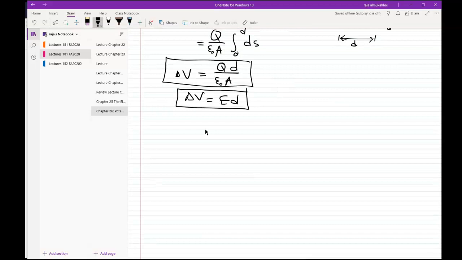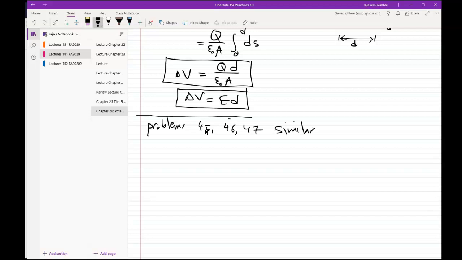So, problems 45, 46, and 47 are very similar. And I believe 46 is homework. So I'm going to do 45, and maybe I'll do 45 and 47 very quickly, okay? Let's see that.